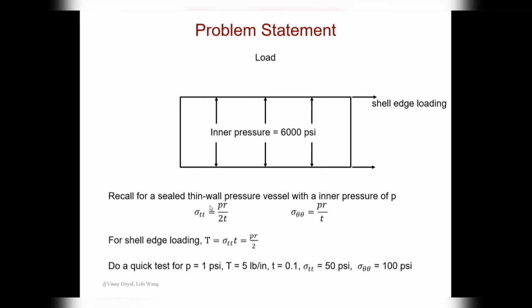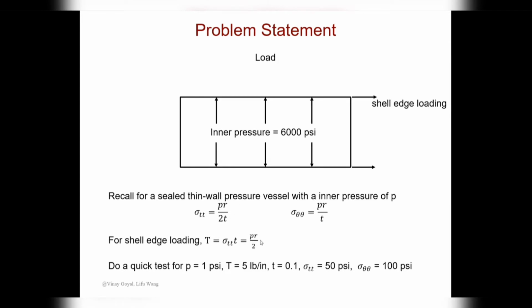And if you recall the sealed thin wall pressure vessel formulas, you should have hoop stress equals PR over T. Sorry, longitudinal stress is PR over 2T. And because shell edge loading is force per unit length, we need to multiply by the thickness here.